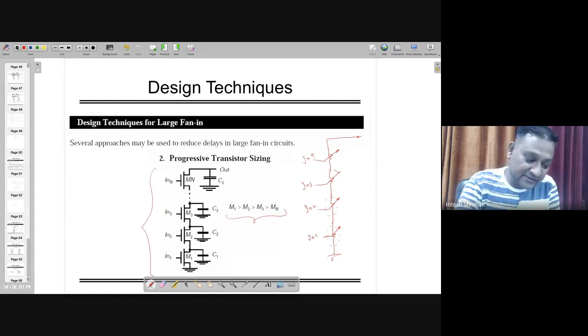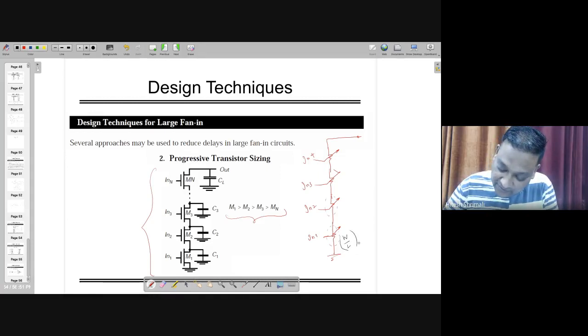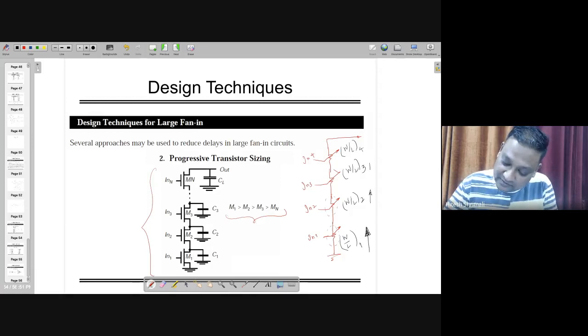So if I am increasing this W by L, so W by L of 1, 2, 3, and 4 are kept in such a way that this one has the highest W by L, this is a little bit smaller, this is a little bit smaller, and this is the smallest one.